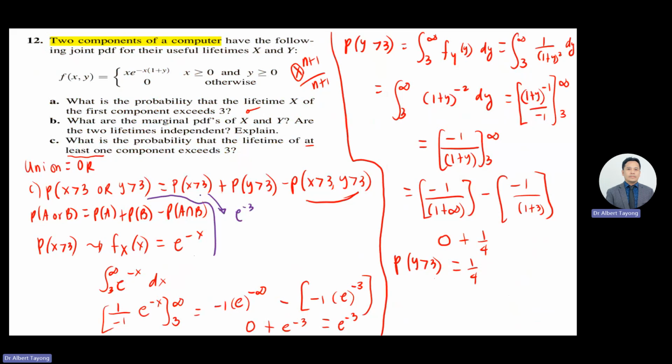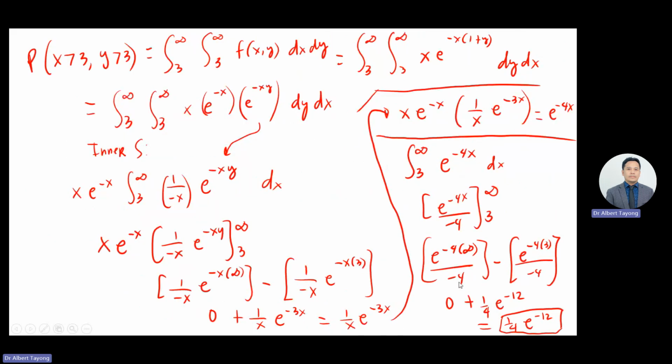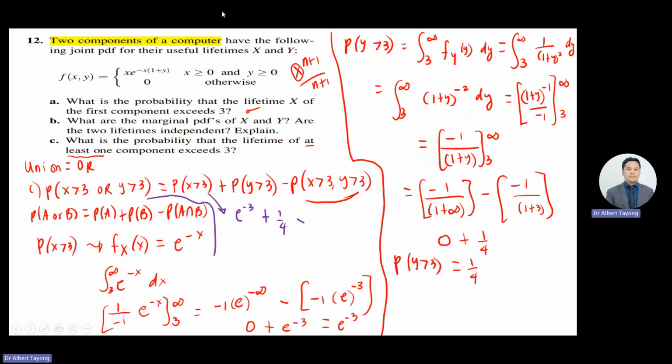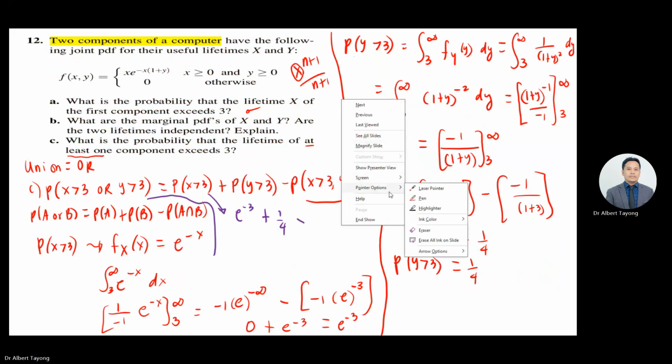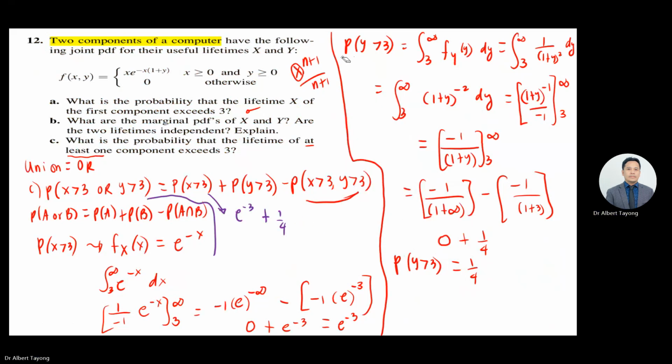Thus P of x greater than 3 plus P of y greater than 3 is 1/4, and minus the P of x greater than 3 and y greater than 3, that is 1/4 times e raised to the power of negative 12.